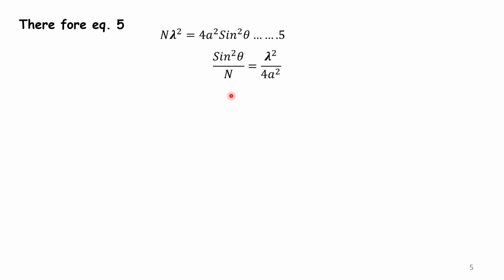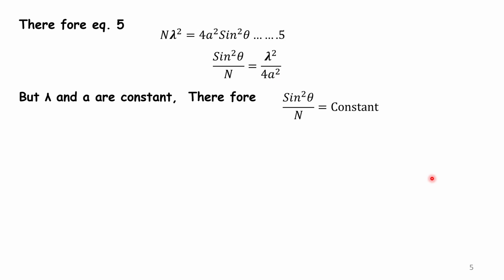By rearranging this equation, we get sin square theta divided by N is equal to lambda square divided by 4a square. But we know that lambda is the wavelength, which remains constant, and a is the lattice constant of the cubic crystal, which is also constant. Therefore, we can write that the ratio sin square theta divided by N is equal to a constant.